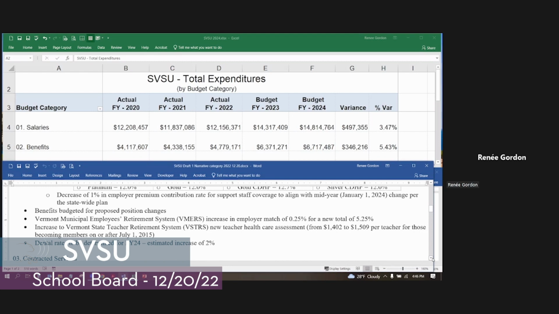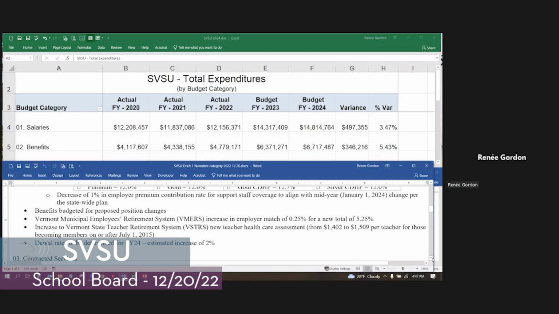But teachers that are new to the Vermont Teacher Retirement System, as of July 1 of 2015, are actually paying a 1% premium over those folks that were grandfathered before that. And along with that, the employer is charged a flat fee per year to support healthcare costs. So that for next year is going up to $1,509 per teacher. Currently this year it's $1,402.